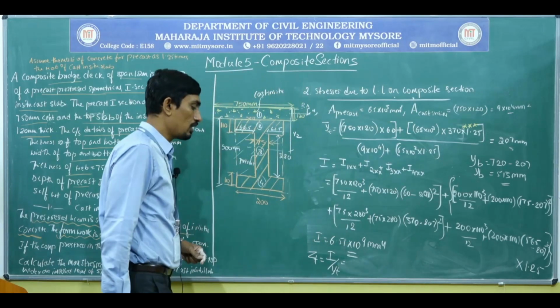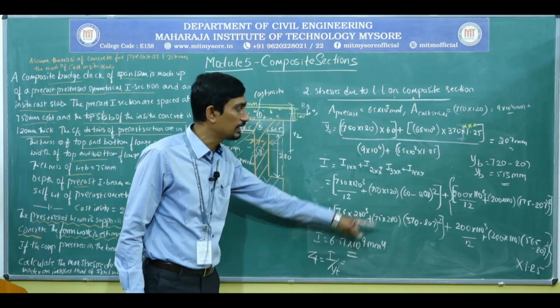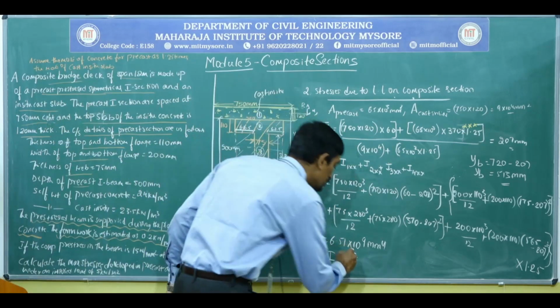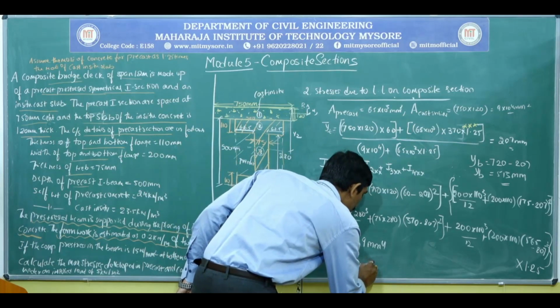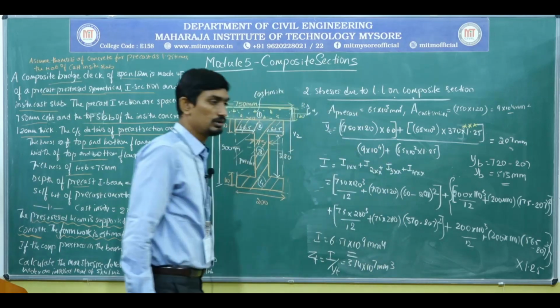Now for Y top, substitute that. So 6.5 into 10 to the power of 9 divided by 207, you will get 3.14 into 10 to the power of 7 millimeter cube.